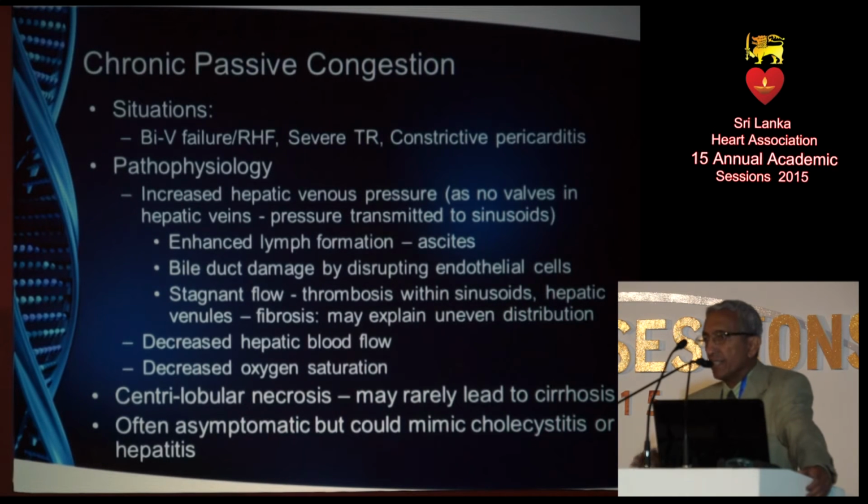Now, clinically, they can be asymptomatic, or on the other hand, some of these people can present like an acute abdomen, and people have had operations of the gallbladder thinking it's cholecystitis, or somebody thought that they had acute viral hepatitis in this setting, because the predominant feature may be the right upper quadrant to epigastric pain rather than primary forward heart failure.